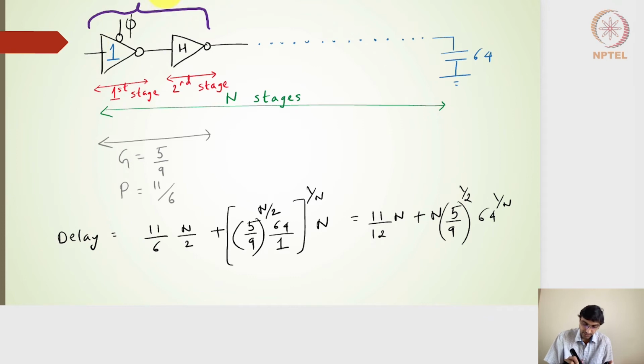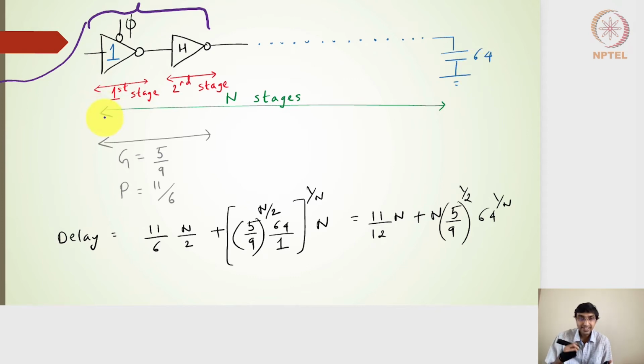So its G value, let me put it here, should be 5 by 9. I'm considering this to be the first stage, and this the second stage, and similarly we will have third, fourth, fifth, sixth, seventh, eighth and so on, so that we will get the minimum delay.